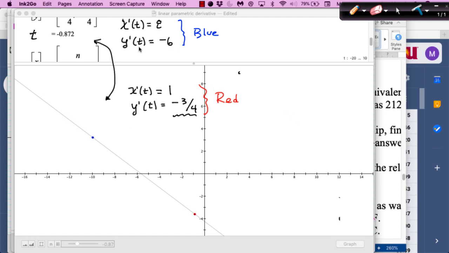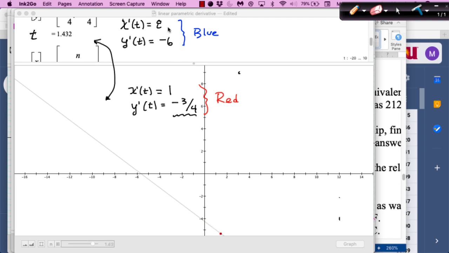So for a change in t, how do the two graphs get generated in comparison? Can anyone vocalize that? Yeah, Neil. Well, the blue graph has bigger numbers, so it goes faster.